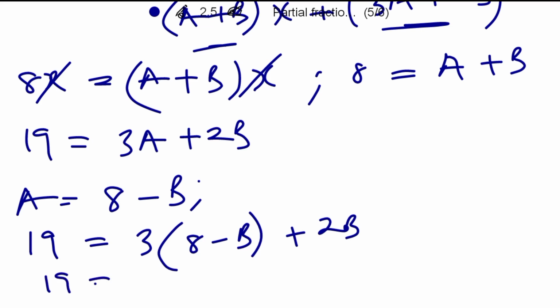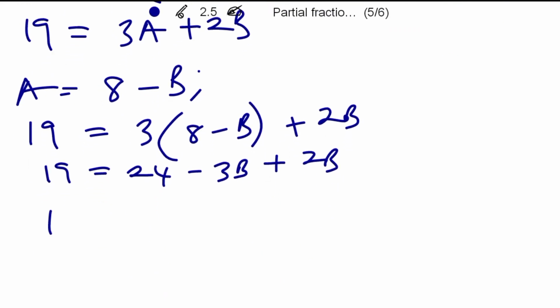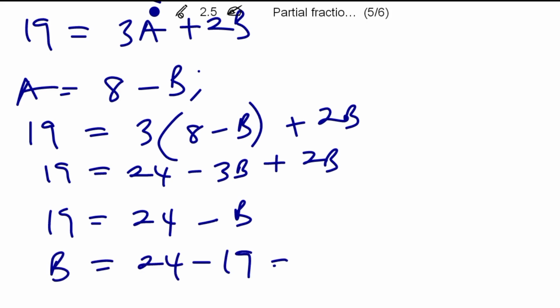That becomes 19 equals 24 minus 3b plus 2b, which gives us minus b. To make b the subject, I take b to the other side so it becomes positive, and take 19 to the other side so it becomes negative. So b equals 24 minus 19, which is a value of 5.